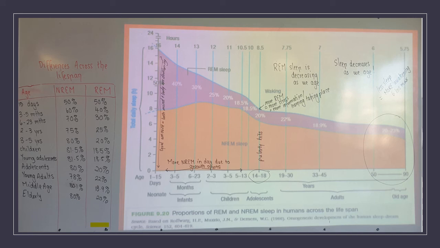The restoration theory would suggest that, because you're going through more stress and more information needs to be inputted into your little brains, you might spend more time in REM. And the N on that one has actually disappeared, so I do apologize for that. I'm just going to add it. There we go. Very pretty. Alrighty, so if you look at that, the other one was actually a better indication because it's less confusing.